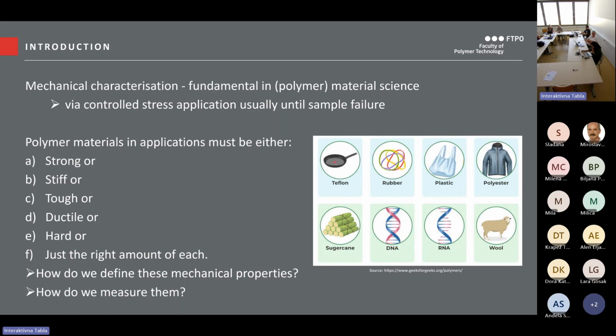Polymer materials in applications must be either strong, stiff, tough, ductile, or hard, or just the right combination of all of the properties above. With the next slide, we will define all of these mechanical properties, and then we will go through how we measure those properties.